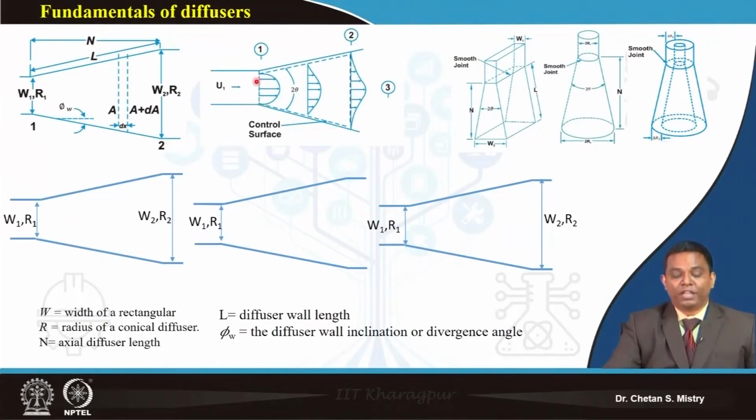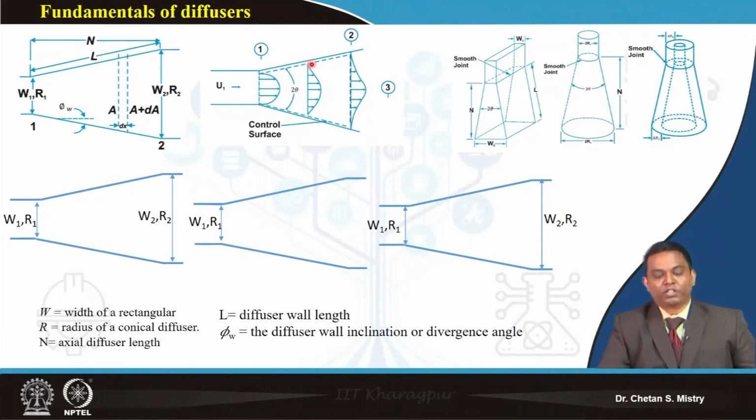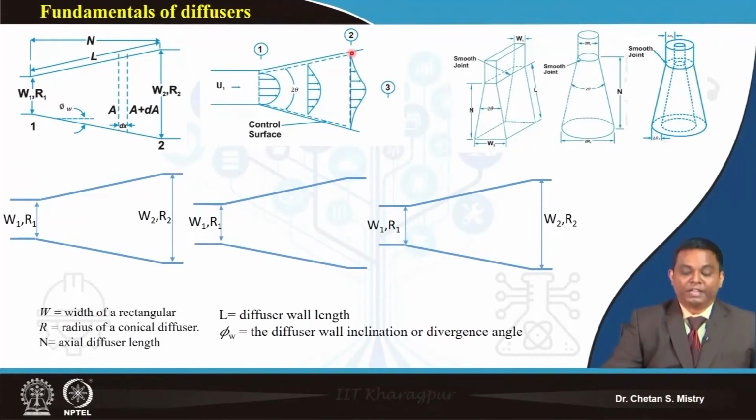As I move further downstream, the shape of my velocity profile changes. Near these two walls the profile is deforming. The velocity is going to be 0 near the wall region, and in the center the flow has uniform velocity.